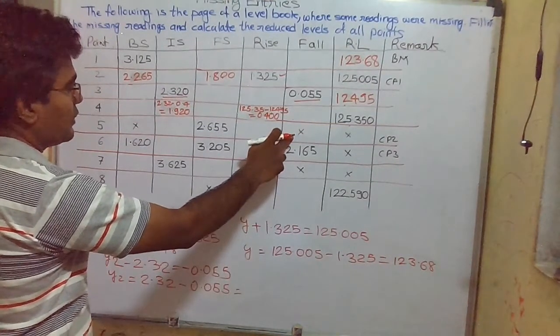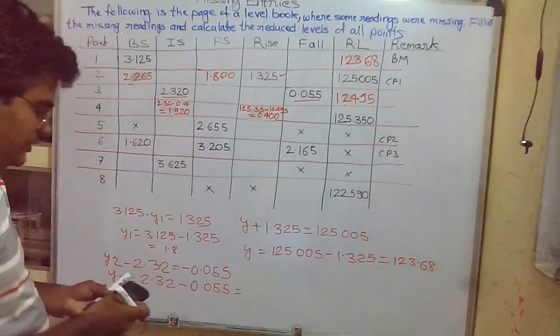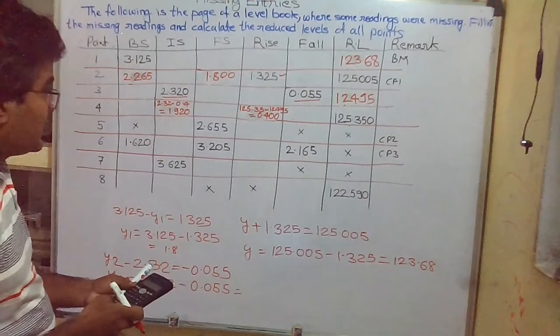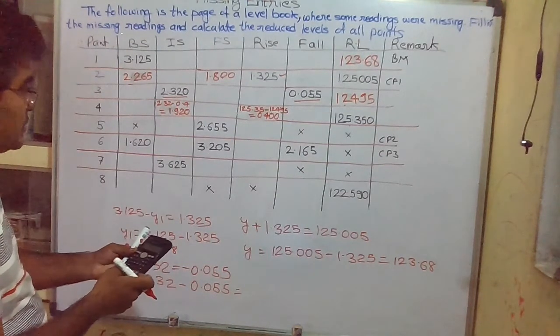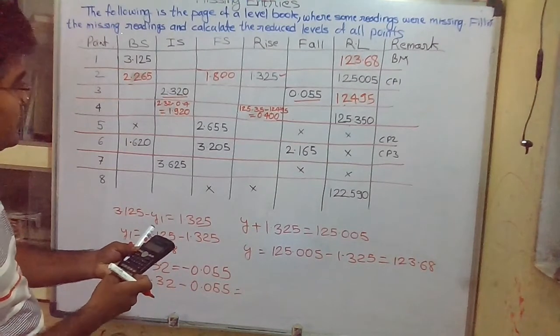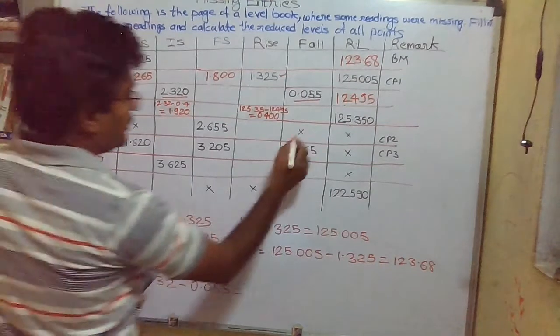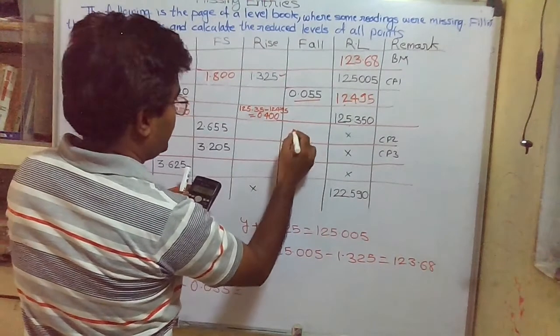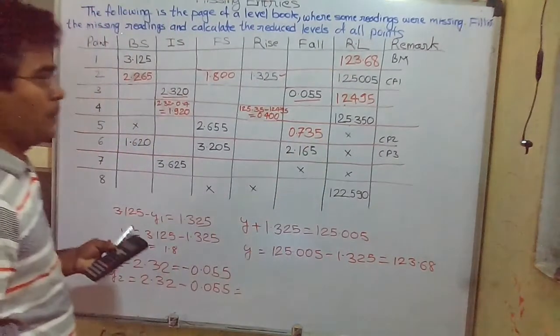How do we calculate this fall? Previous value minus next value. This is simple: 1.92 minus the next value, 2.655. It is coming as 0.735.